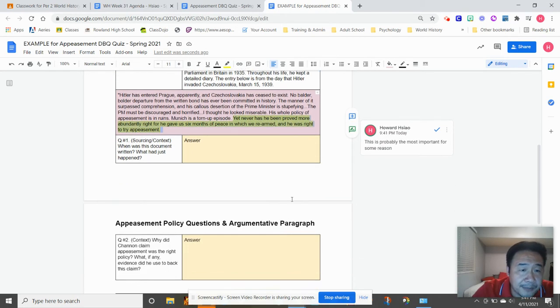Even though it's not really necessary, okay? So question 1 is asking, when was this document written? What has just happened? And so that's an easy question. Easy answer.